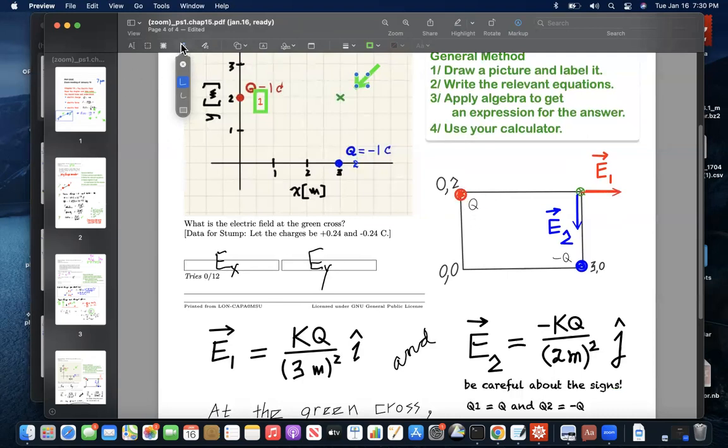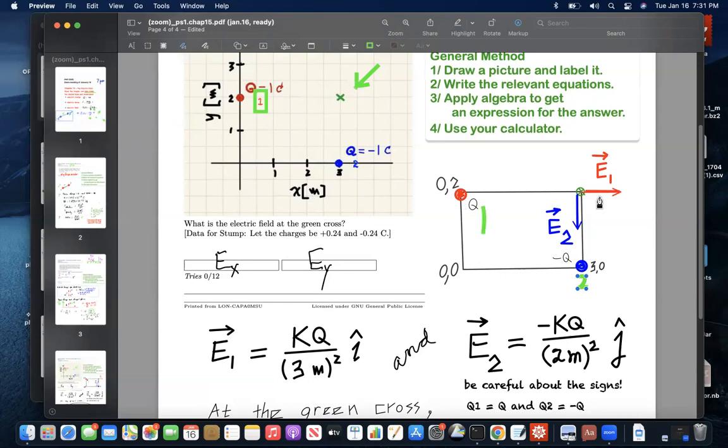I called that Q1. And I called this one Q2. So here's Q1. Its electric field will be E1.